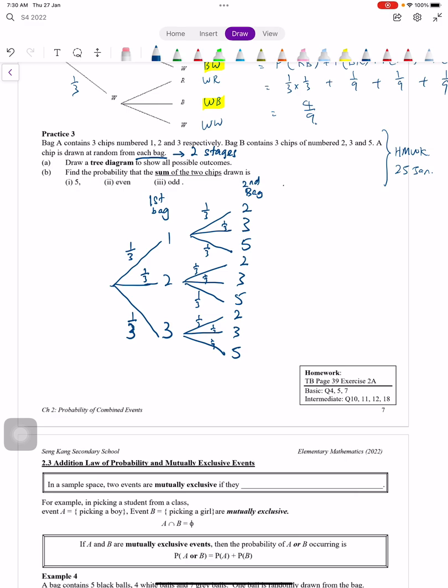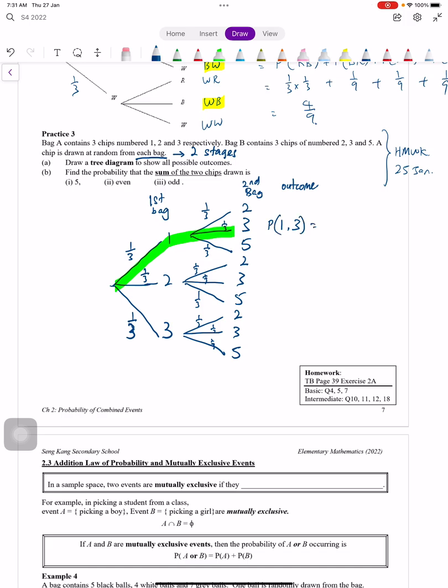So let's look at the outcome. So let's give one example. Say for example, I have this and this, right? So what it means is I will draw number one in the first bag and number two in the second bag. So what's the probability of drawing this combination?